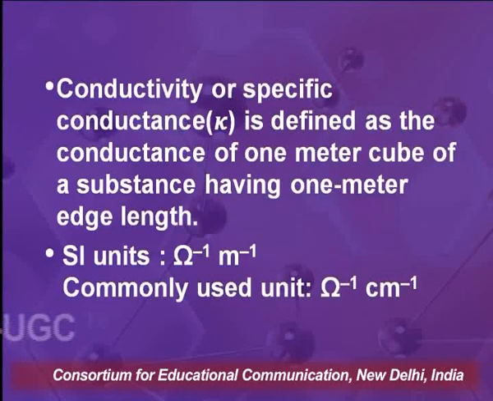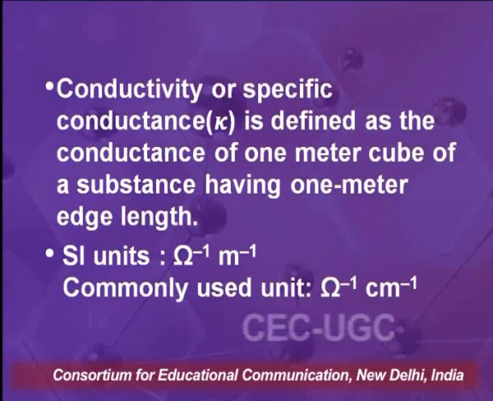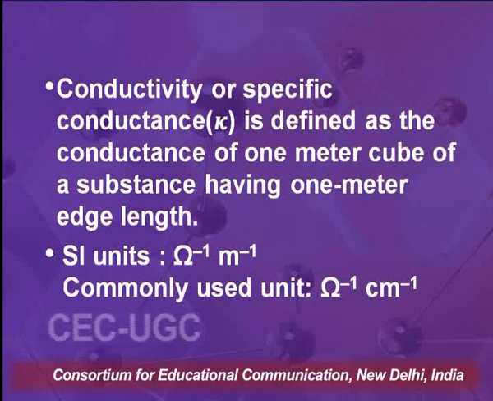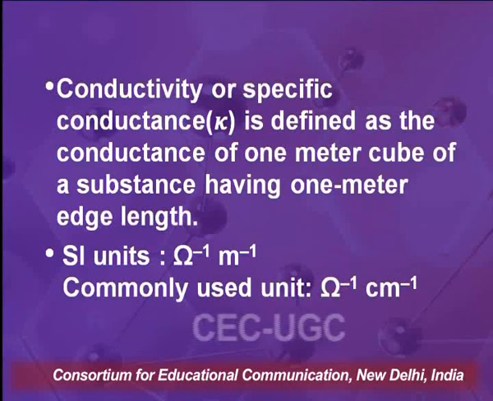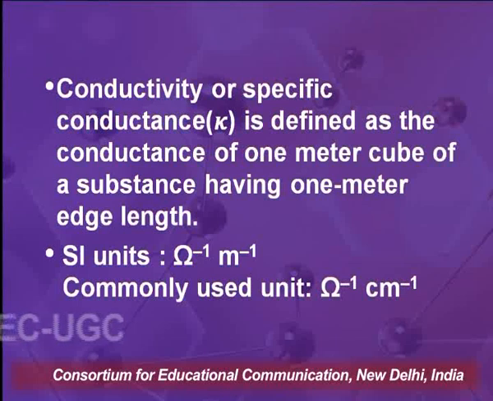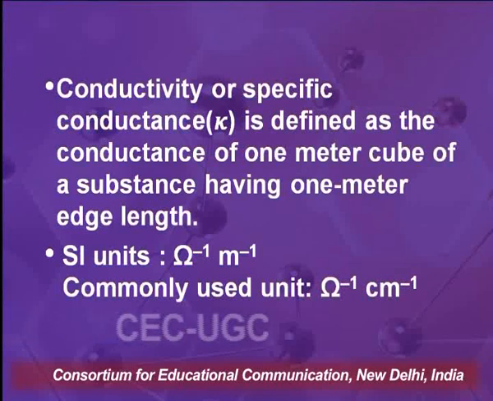Conductivity or specific conductance is defined as the conductance of 1 meter cube of a substance having 1 meter edge length. SI units are ohm inverse meter inverse, and commonly used CGS units are ohm inverse centimeter inverse.